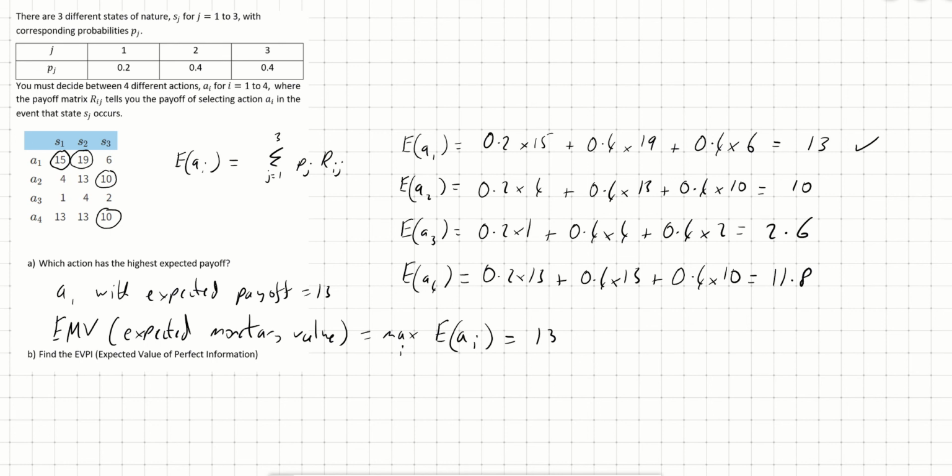So this lets us calculate what's called the EV given perfect information, which is the sum of the probabilities, the pj's, multiplied by the maximum of the payoff matrix in each column.